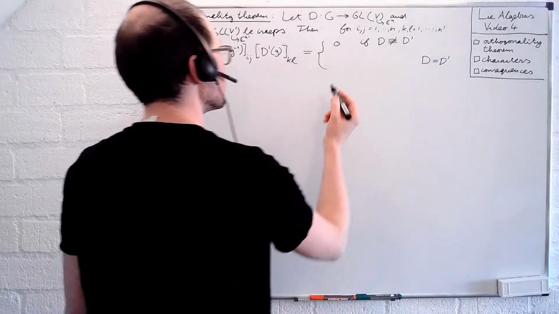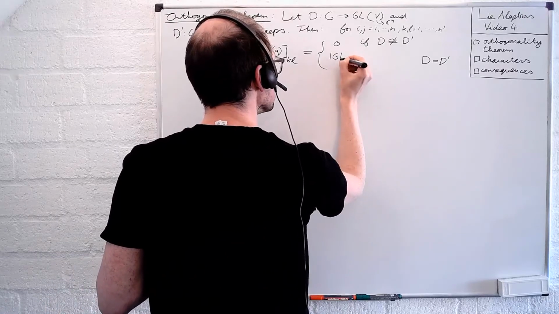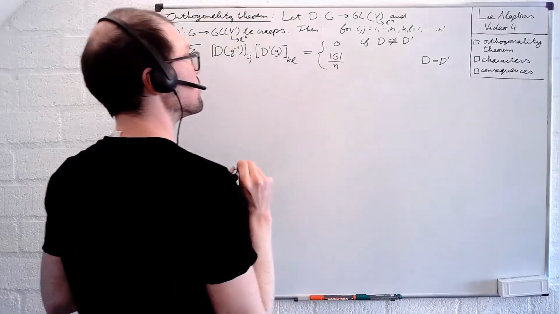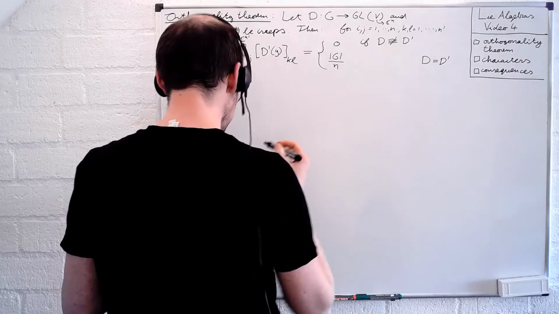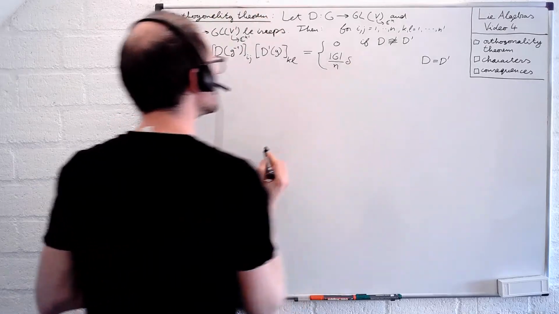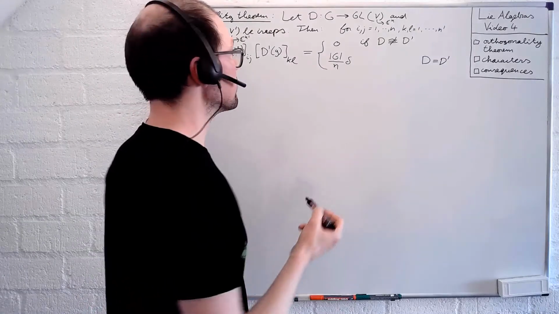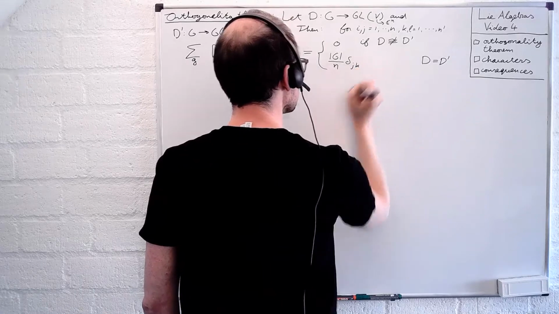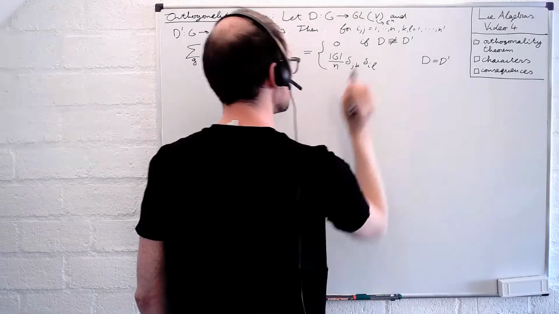Then it is given explicitly by the order of the group divided by the dimension of the representation D, but only when I look at one particular matrix element, meaning in this case that j should be identical to k and i identical to l.